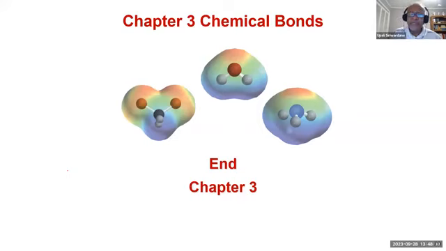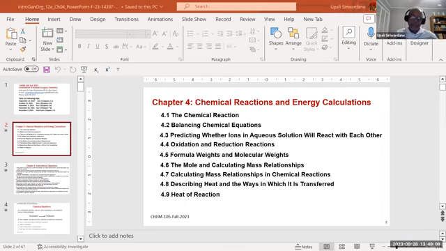Now we finish chapter 3. I am going to go to chapter 4 and start chapter 4. I'm going to stop the share. That's chapter 4. We're going to talk about chemical reactions.